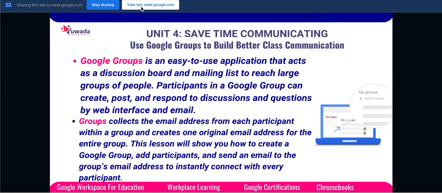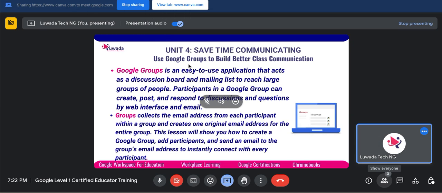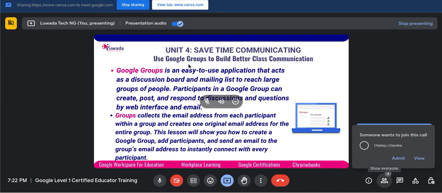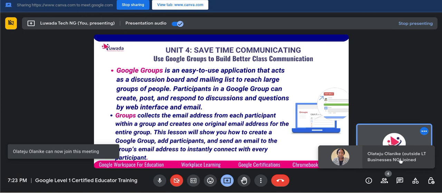Look at this one now. I just want us to be on the same page to understand. Unlike WhatsApp, that we connect to by our phone number, in Google group, we just connect to it through email.